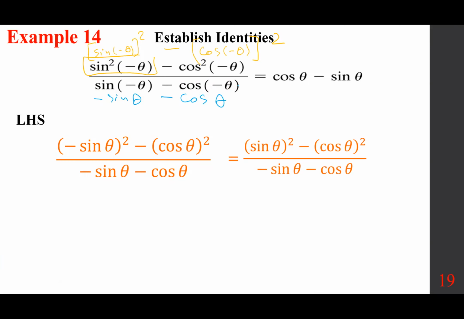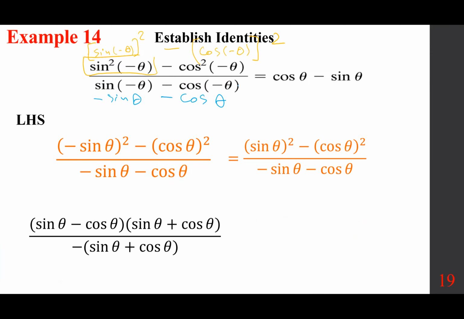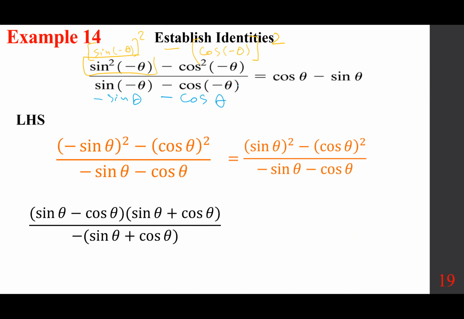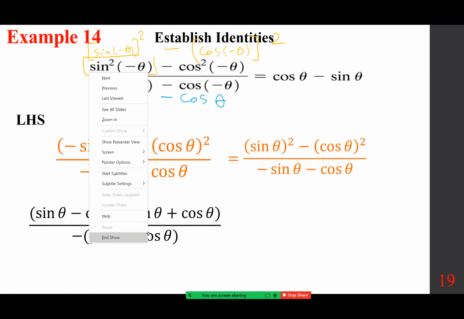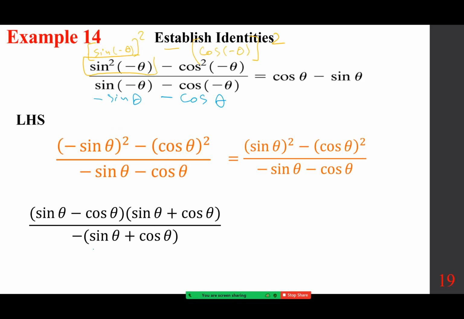And for the denominator, we just take the negative sign out. So the numerator is factored out. The denominator, we take a factor of -1 out. Sine theta plus cosine theta, they cancel each other. So we get sine theta minus cosine theta over -1.